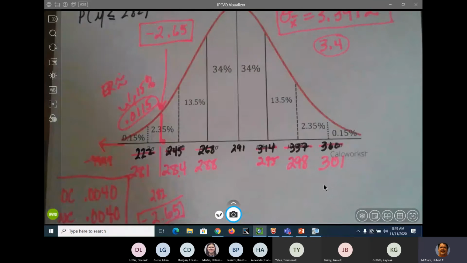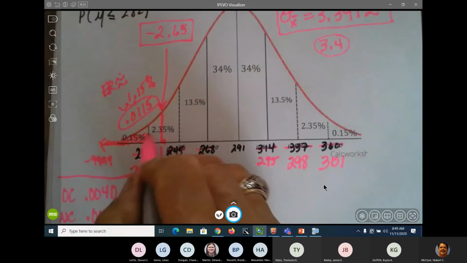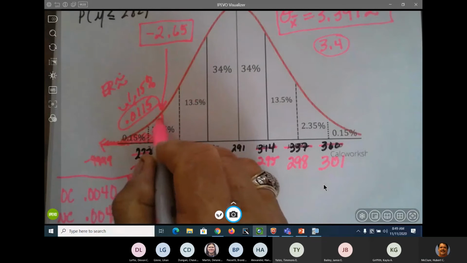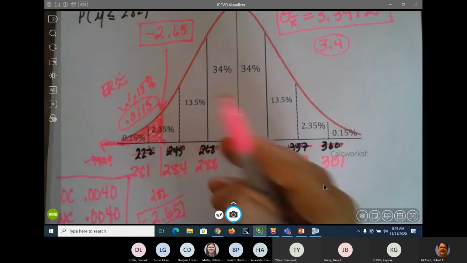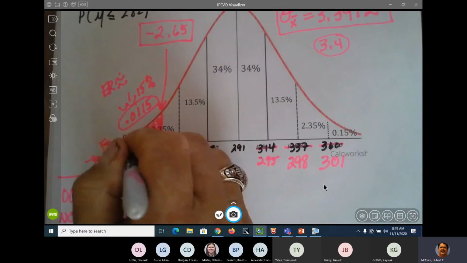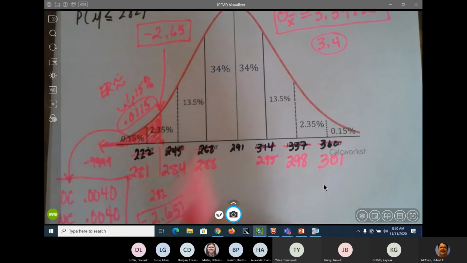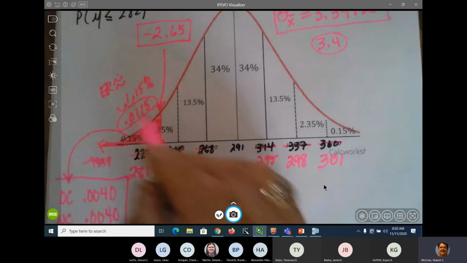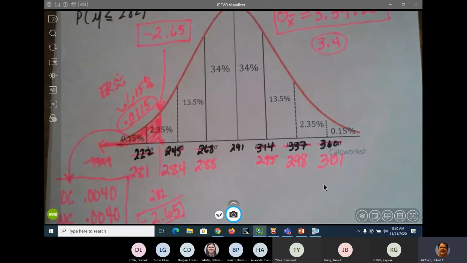So this area right there is 0.0040, so not even 1%. I said it was going to be around 1%, and of course they got a more accurate answer than the empirical rule. Now you've got 3 good test questions right there.